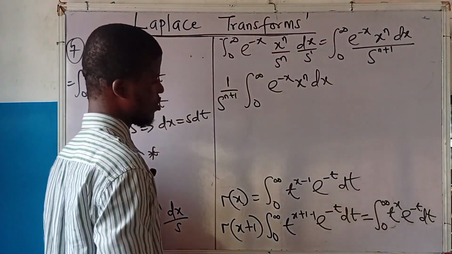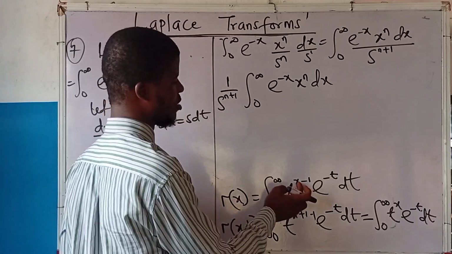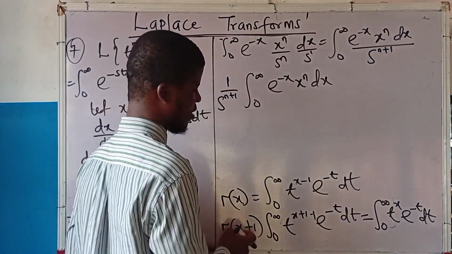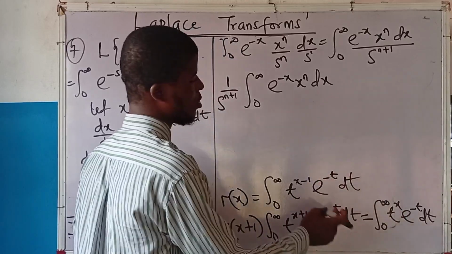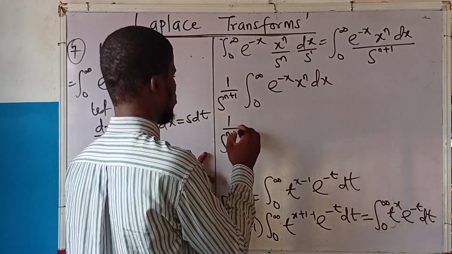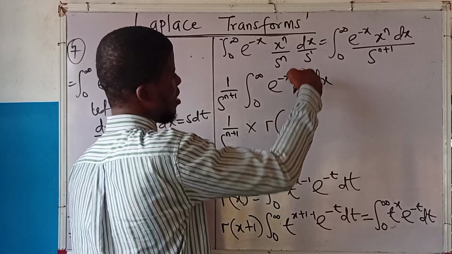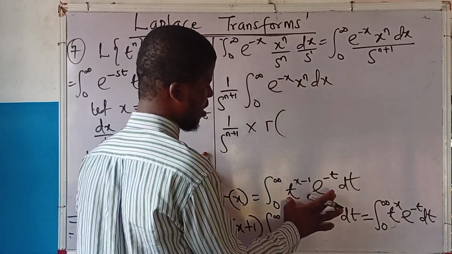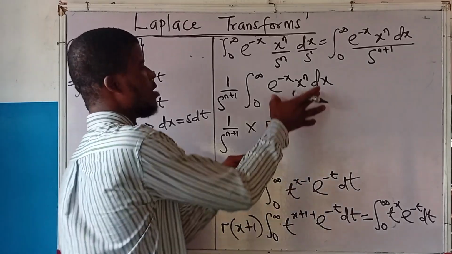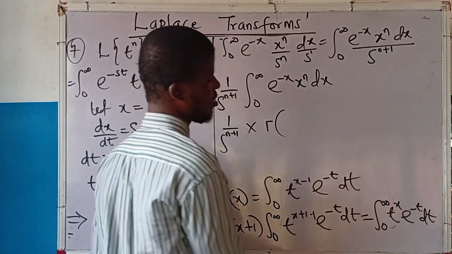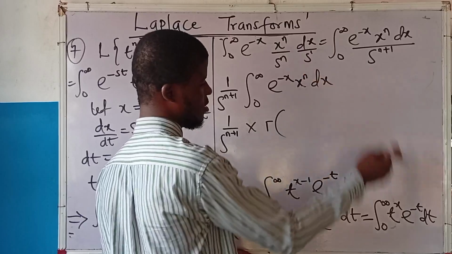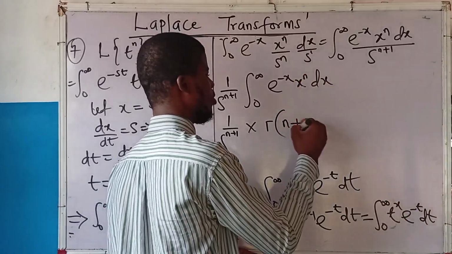Variables can change. If this one is the gamma of x plus 1, where x is the power here, then it means that this is 1 over s to the n plus 1 times the gamma of n plus 1. The main difference is that my x is t and my n is x.